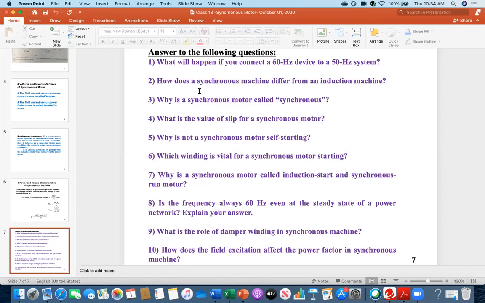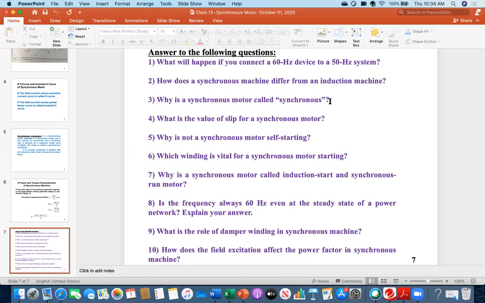Okay, question number 2: how does a synchronous machine differ from an induction machine? Today we learned the synchronous motor, and 2 classes back we learned the synchronous generator.